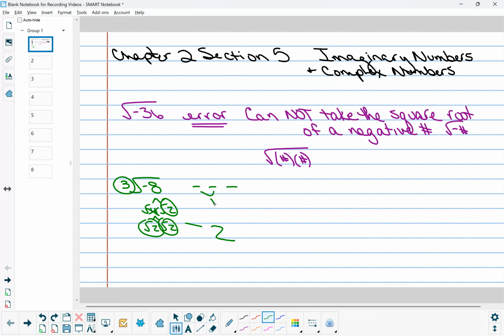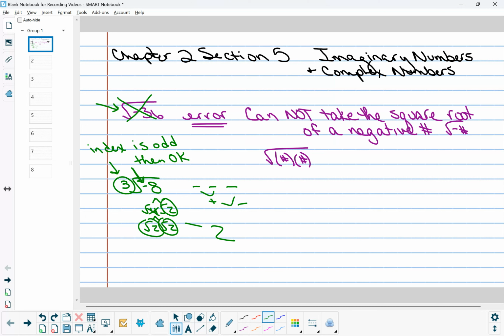Negative times a negative is a positive, and that positive times this negative is a negative. So you can have a negative underneath a root as long as the index is odd. Then this is okay. But if the index is even, this is not going to fly. Never ever.